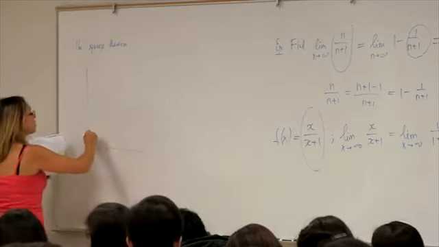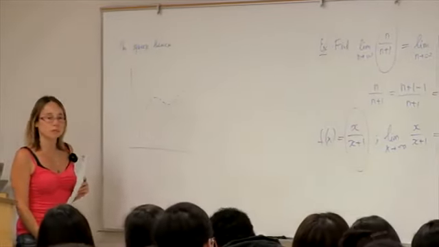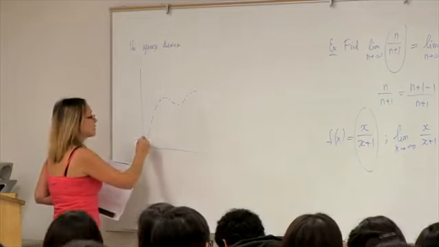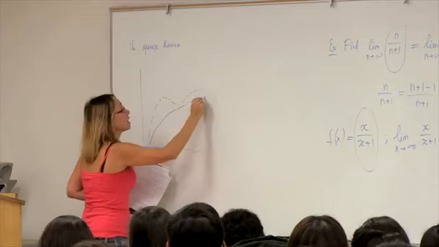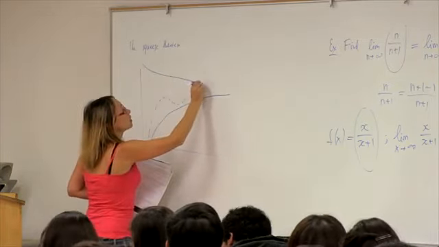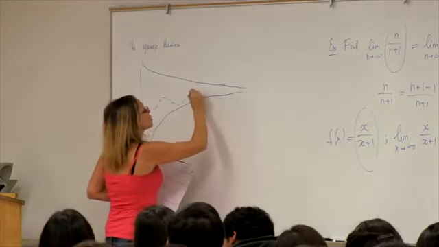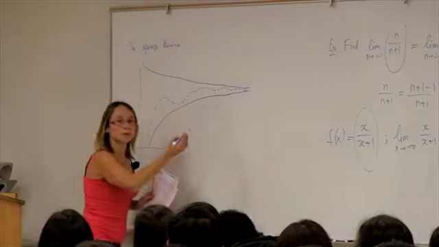Let's suppose that we have a sequence that we don't know the behavior of, and we have two policemen. One is approaching on this side from below, and the other one is approaching from above, and they both go to the same place, right? So the criminal cannot escape. It has nowhere to go.